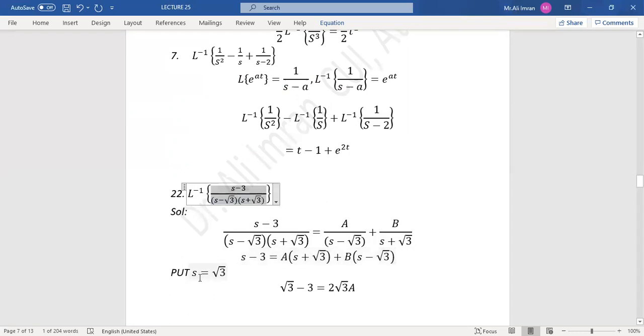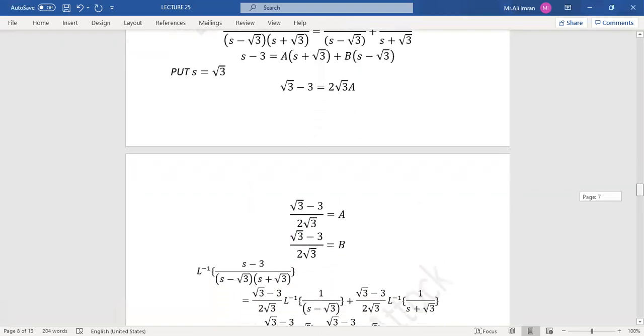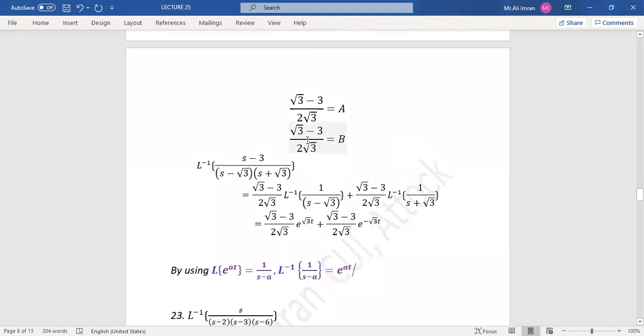If we put s is equal to square root 3, we will find the value of a is equal to square root 3 minus 3 divided by 2 into square root 3. And if we put s is equal to minus square root 3, we will have the value of b equal to square root 3 minus 3 divided by 2 into square root 3.